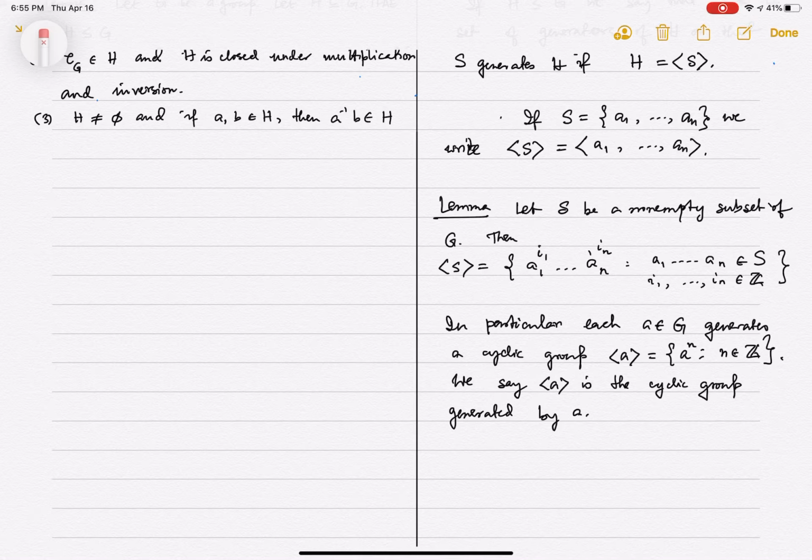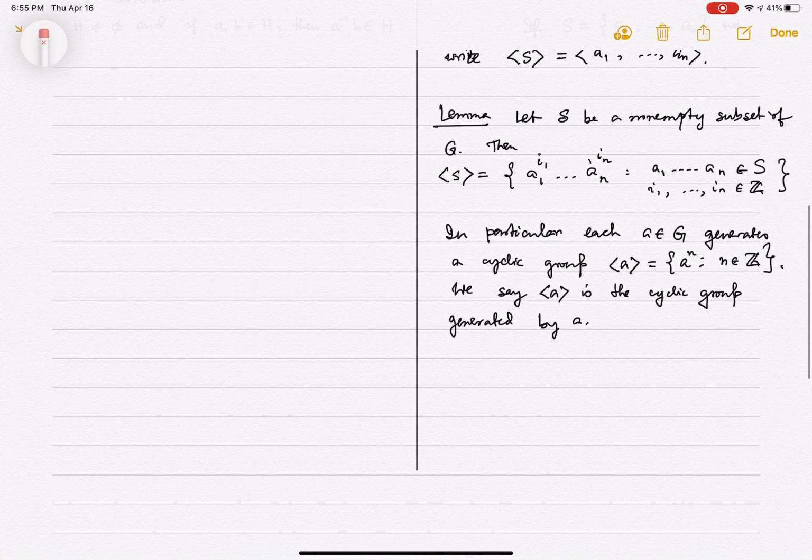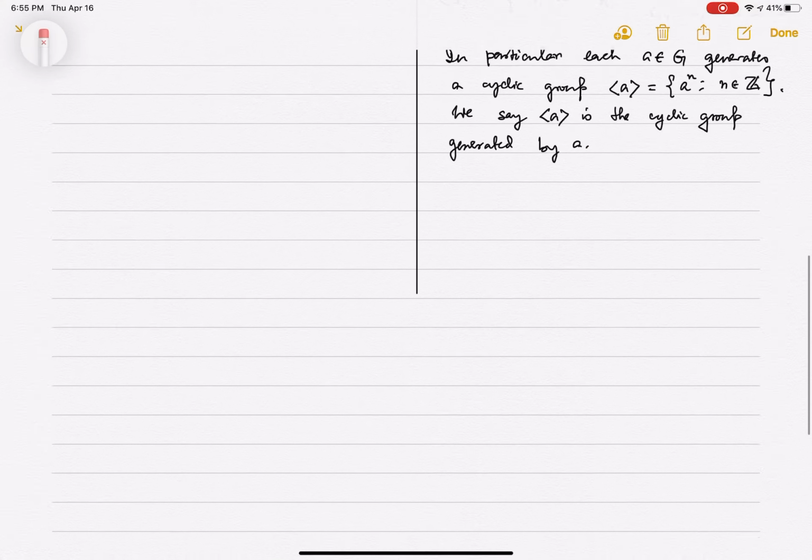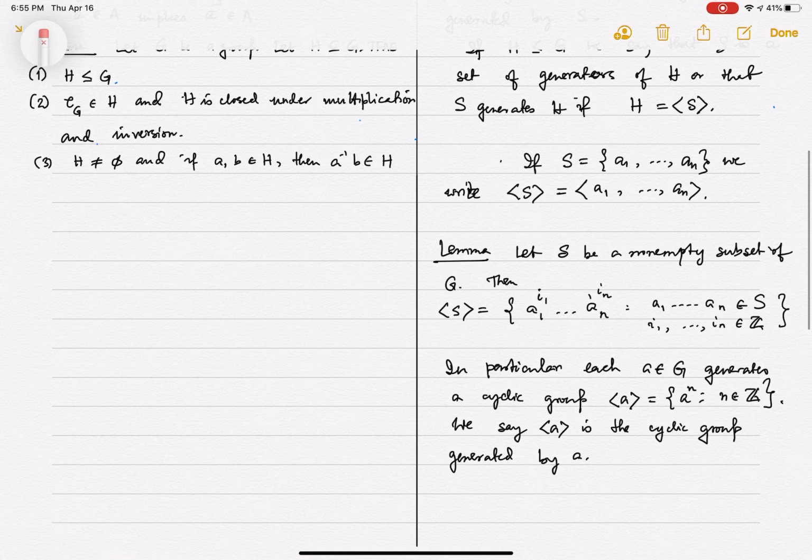So let me give you some examples, maybe a few. Well, Z is generated by 1, also generated by -1, because if you take all multiples of 1, you get Z. Meaning if you think of a subgroup of Z that contains 1, it also has to contain 1 plus 1.